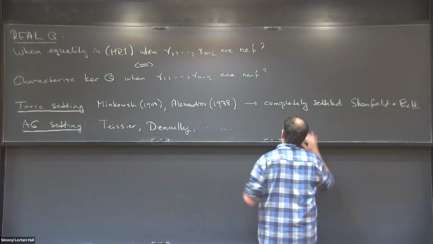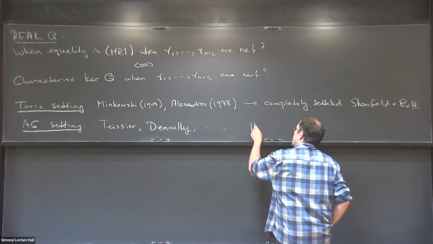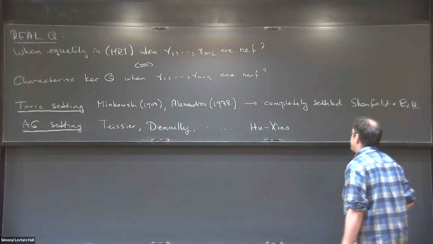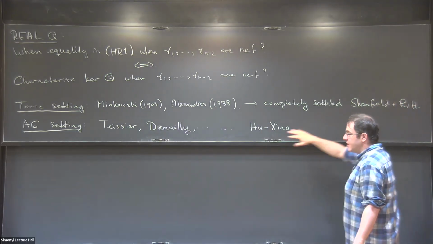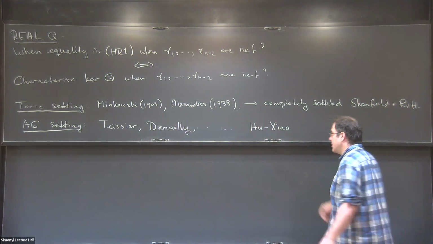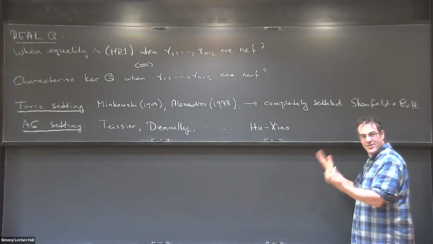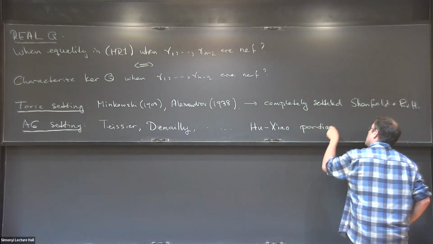But after we solved the toric setting, this was taken up by Hu and Xiao, and they extended the techniques that we have over here to more general varieties. They did not manage to completely settle the problem. In fact, there are vast numbers of open cases, but there are partial results.